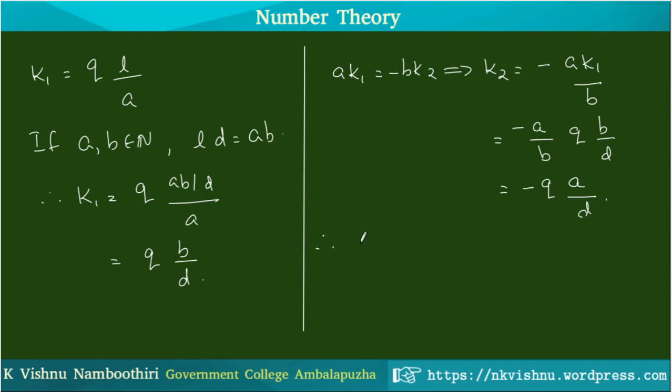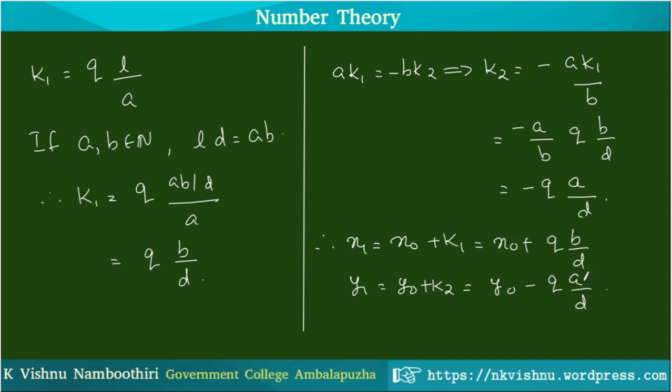Therefore, if x1, y1 is another solution, then x1 is equal to x0 plus k1, that is equal to x0 plus q b by d. y1 is equal to y0 plus k2, that is equal to y0 minus q a by d.